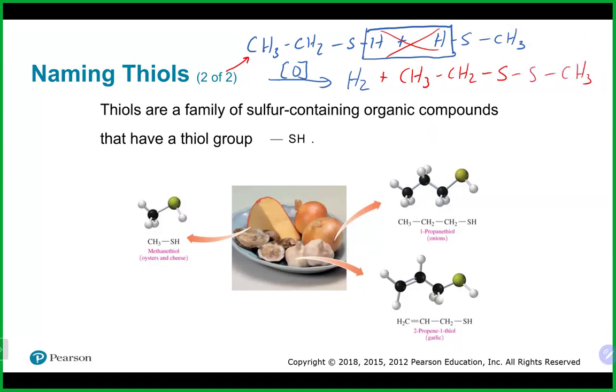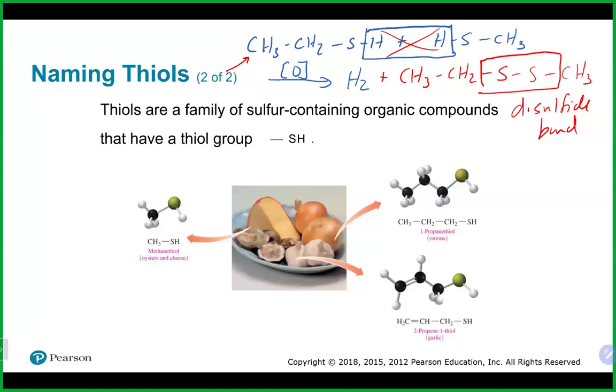This is basically what you will get. This is what is sometimes referred to as a disulfide bond, or sometimes referred to as a disulfide bridge. And there's some amino acids like cysteine that will make those in the body when 2 sulfurs come together. So you do need to know the functional group of a thiol. You do need to know this oxidation reaction.